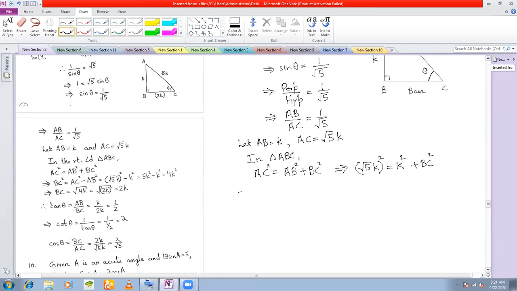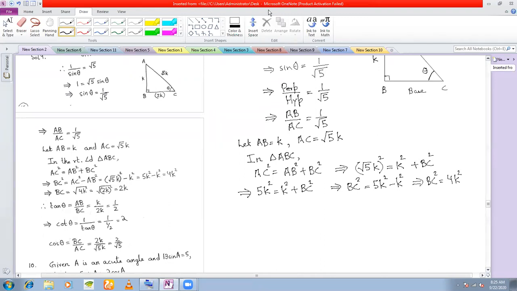That means 5K square is equal to K square plus BC square. That means BC square is 5K square minus K square, so BC square is 4K square.